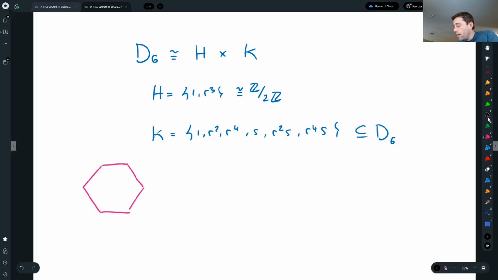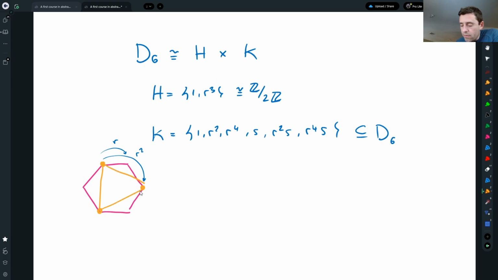R itself sends this point to that point. That's what R does. So R squared sends this point to this point. So when you restrict yourself to only allowing the rotation to be R squared, what you're actually doing is the rigid motions of this figure instead.